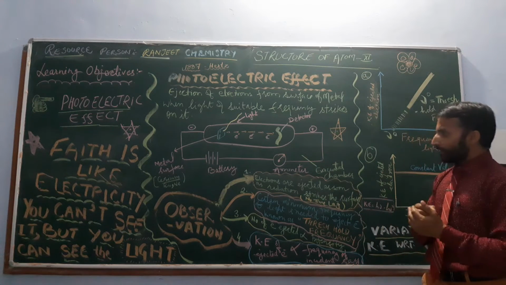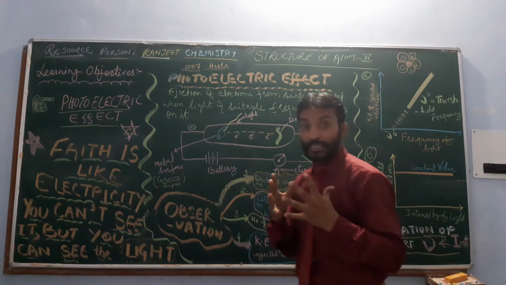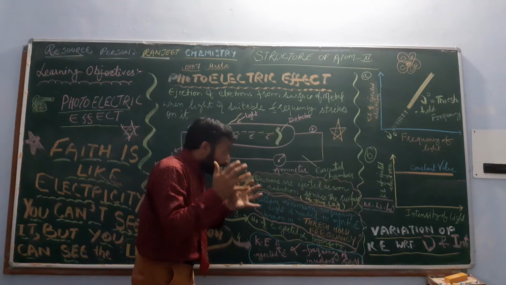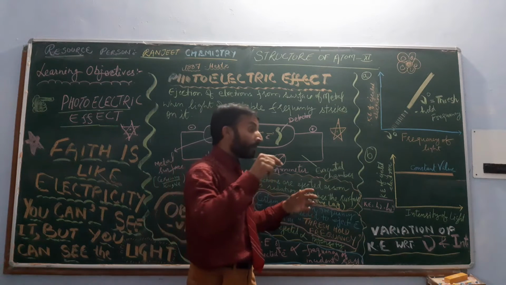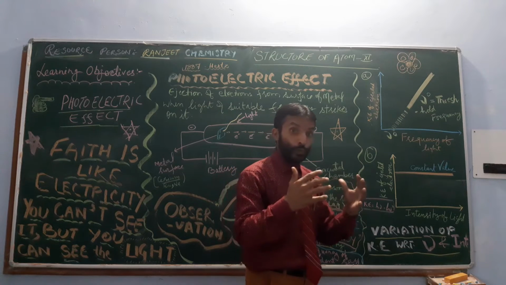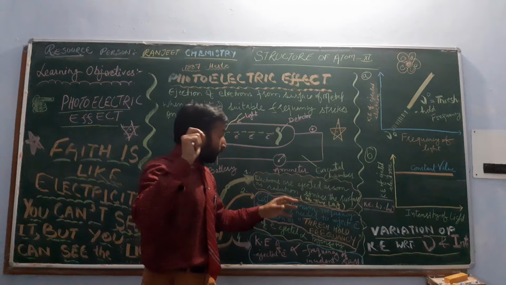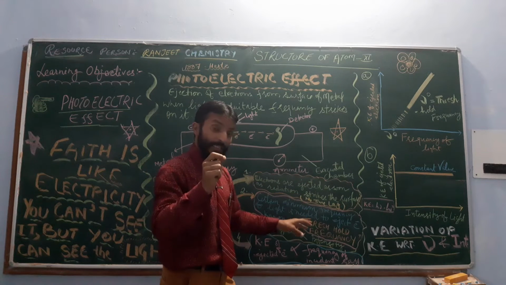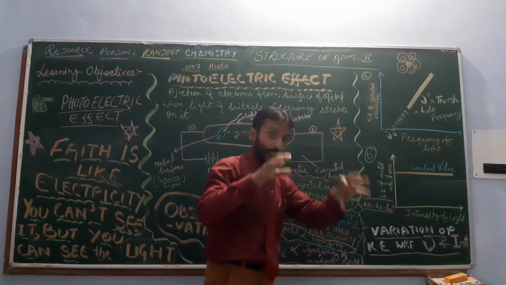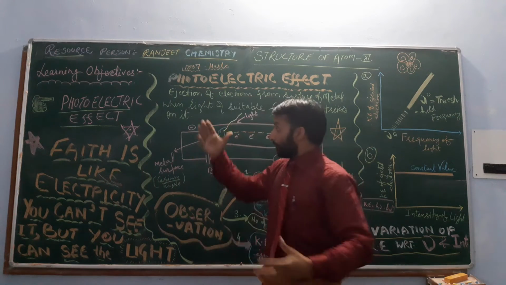Okay. Second is threshold frequency. What is threshold frequency? It says that a certain minimum frequency of light is needed to eject out the electron. That minimum frequency of radiation is known as threshold frequency. And threshold frequency varies from metal to metal.